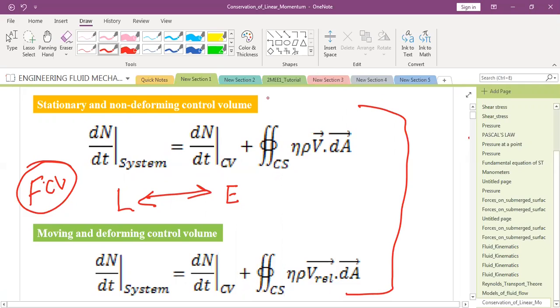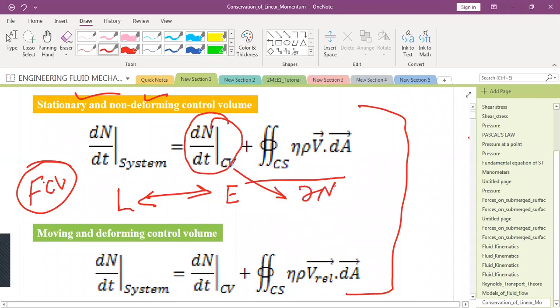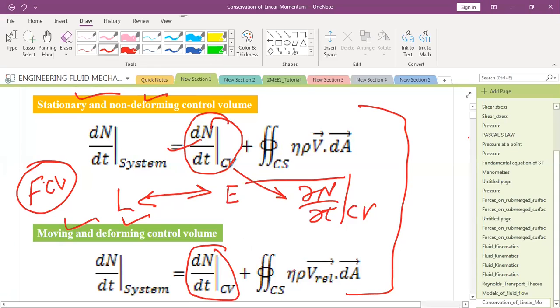The only difference was that in the case of a stationary and non-deforming control volume, we had this expression, which could further be simplified as curly N by curly t of the control volume. Whereas in the case of a moving and deforming control volume, we cannot make such a conversion for this term as we did in the first case, and secondly, this V was replaced by V relative. That was the essential difference between the two.